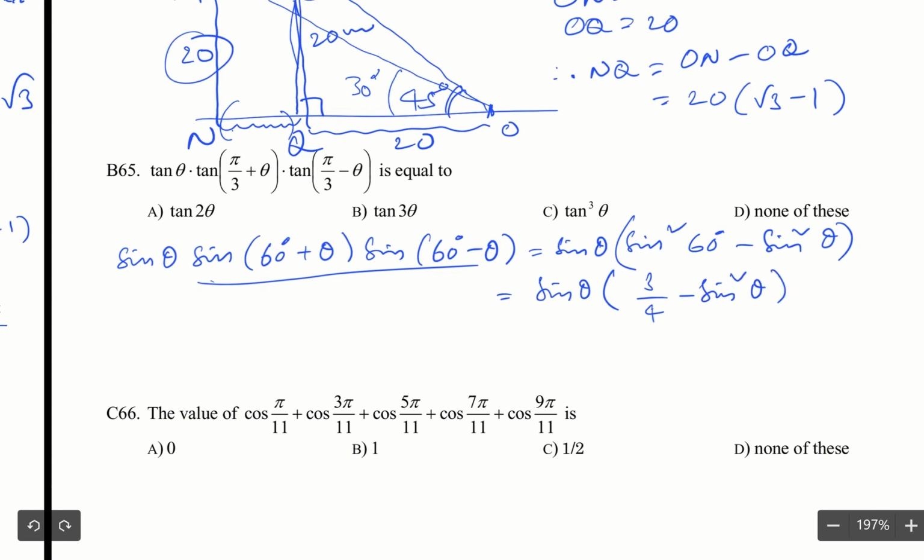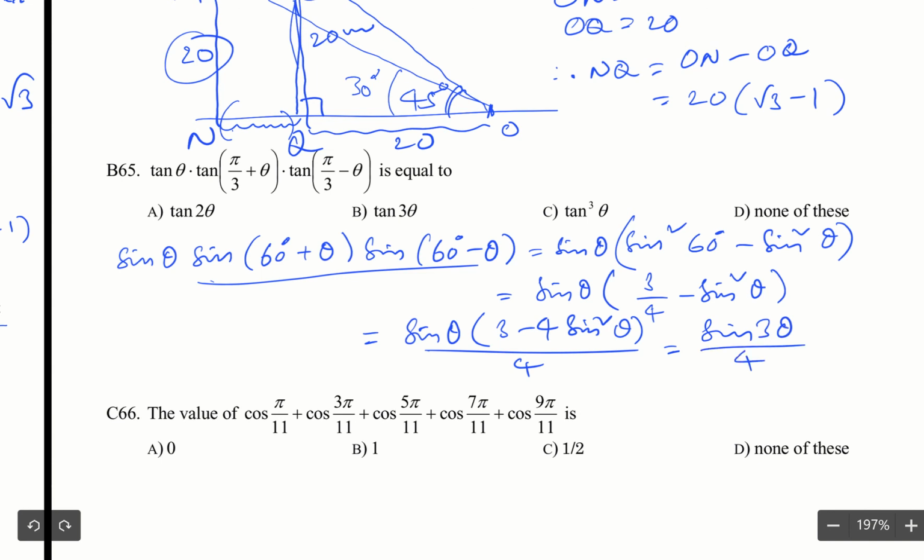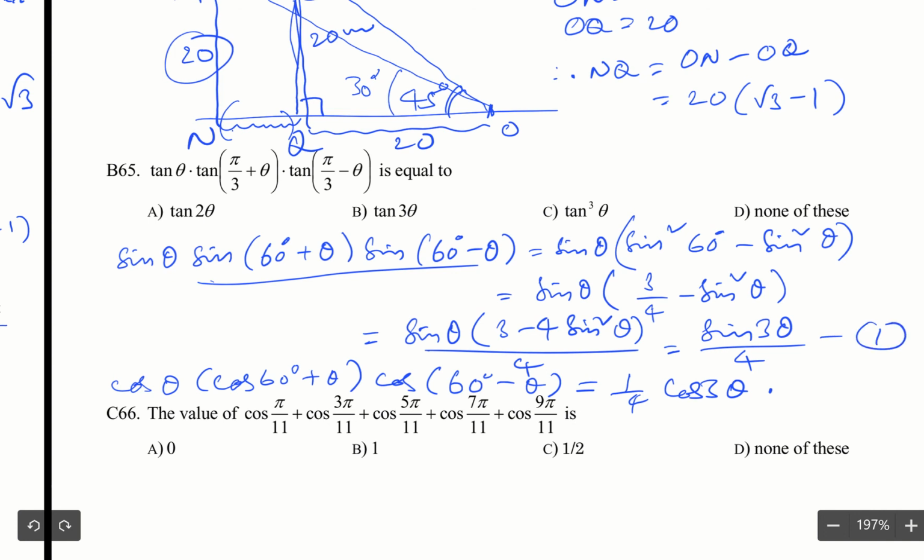Taking LCM, I'll have it as sine theta into (3 minus 4 sine square theta) by 4. Sending sine theta inside the bracket, you can see that numerator is sine 3 theta by 4. Similarly, you can prove that cos theta into cos(60 plus theta) into cos(60 minus theta) equals 1 by 4 times cos 3 theta. So if I call this as 1 and this as 2, 1 by 2 will give you your answer.